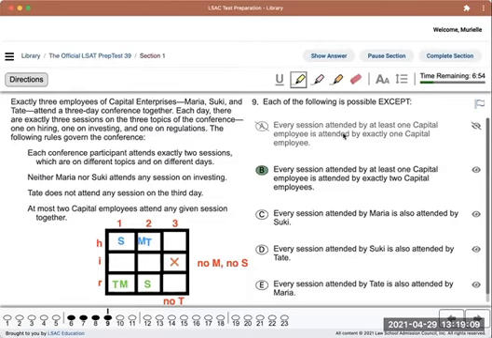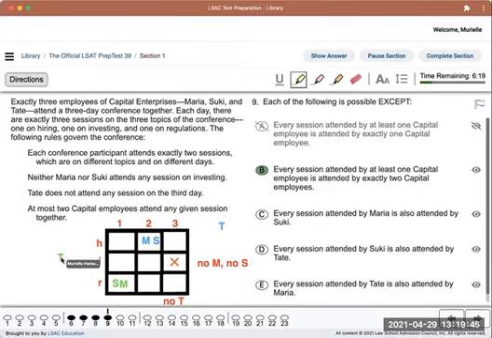C, every session attended by M is also attended by S. So if M attends something, then S attends it. So let's give that a go. See if we can make that work. So we have M and S together. Okay, and then we could put M and S together over here.